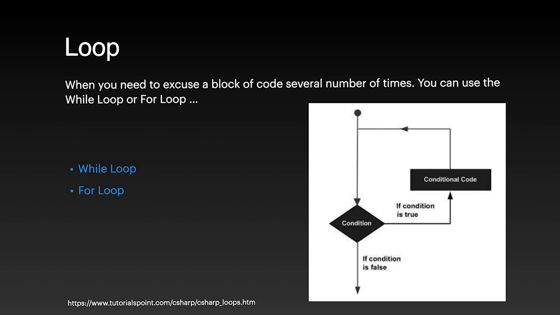Okay, let's take a look at loops. When you need to execute a block of code several times, you can use the while loop or for loop. Okay, so let's talk about while loop and for loop. The difference is that for a while loop you only need true or false.